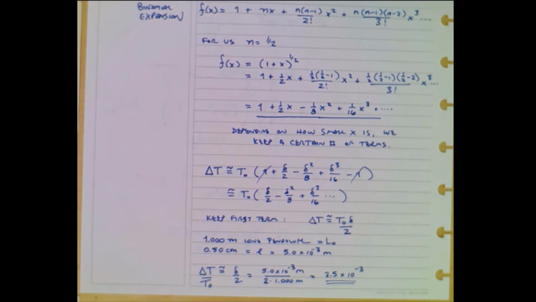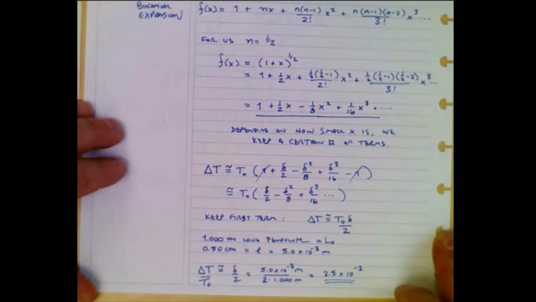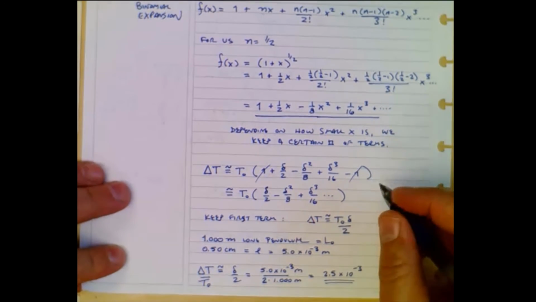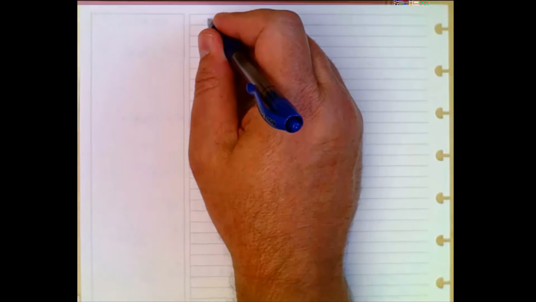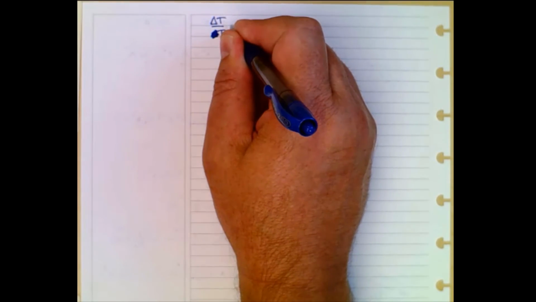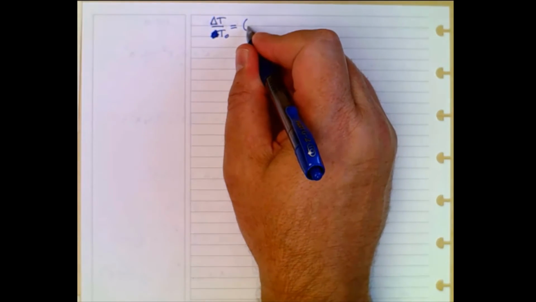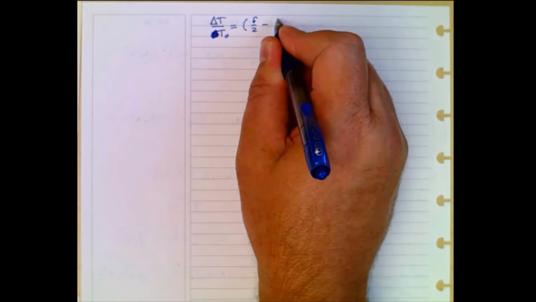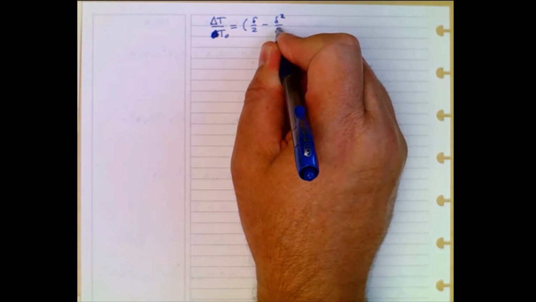Let's see how important the second term is, though. Okay? Can we do that? If we see how important the second term is by calculating it, actually, let's just calculate delta t over t naught to the second term, which will be delta over 2 minus delta squared over 8.